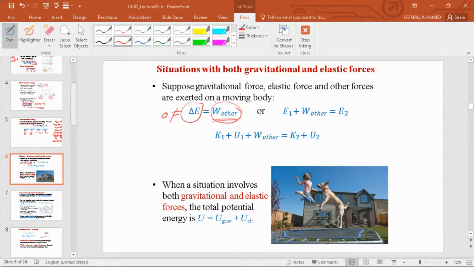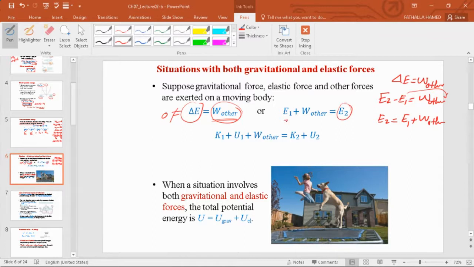If we want to write conservation of energy in general, you know that delta E, which is E2 minus E1, should equal the work done by other forces. You can take this to the other side, so E2 should equal E1 plus work done by other forces, and that's why we have here E1 plus work done by other forces should equal E2.